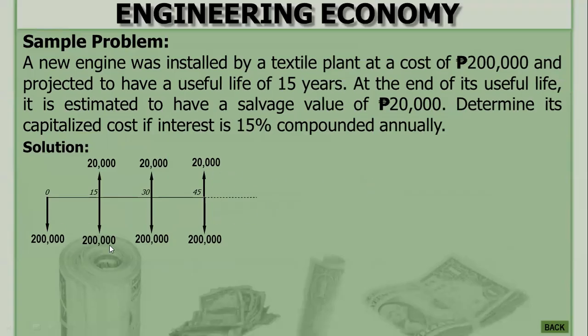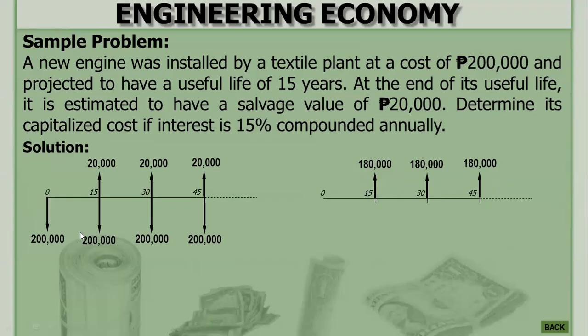Right? So, to simplify this cash flow, the 20,000 can be subtracted from the 200,000, leaving 180,000. So, 200 minus 20 is 180. Therefore, 180,000 is the amount needed for replacement because after 15 years, you will buy this one.